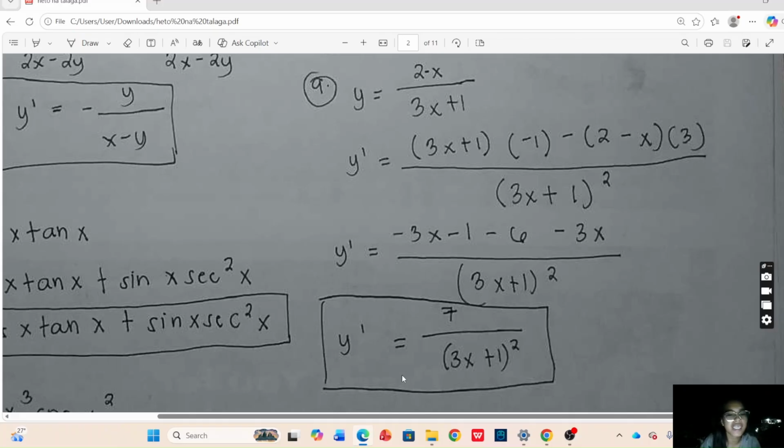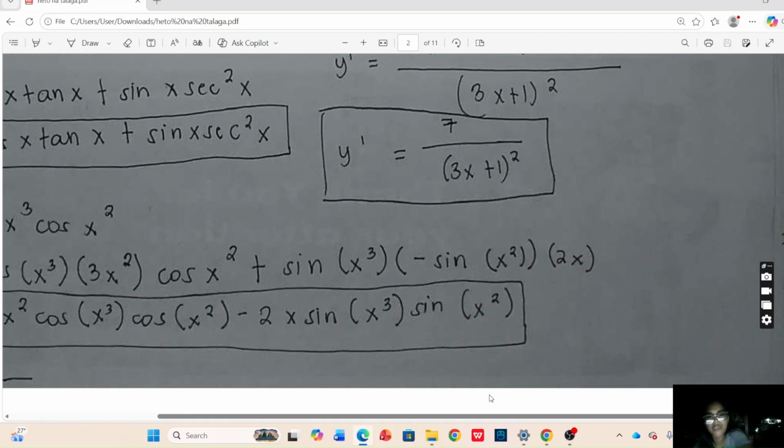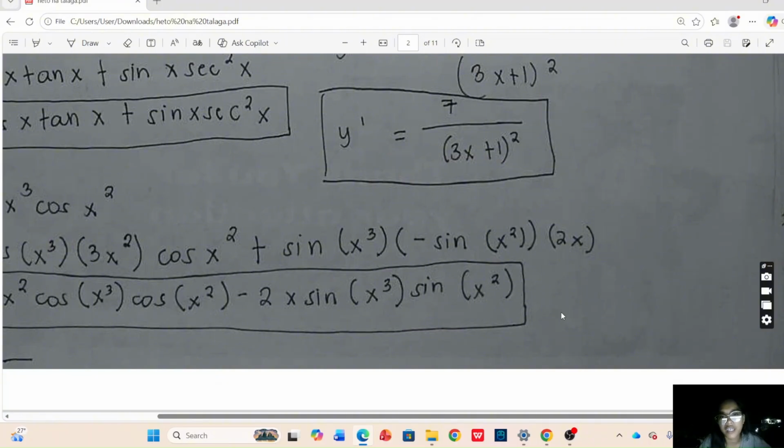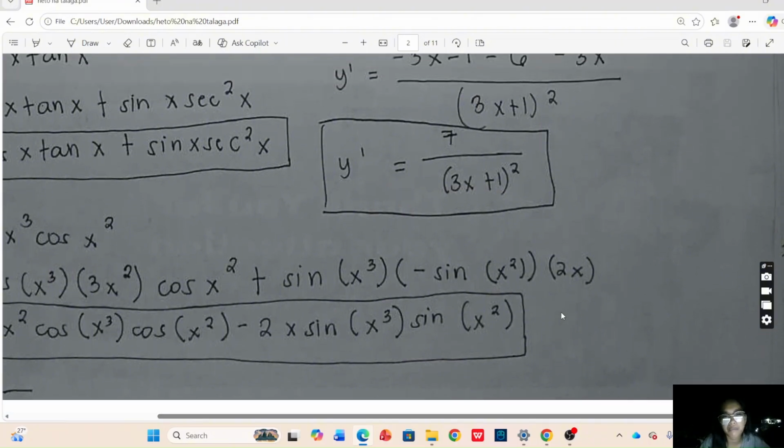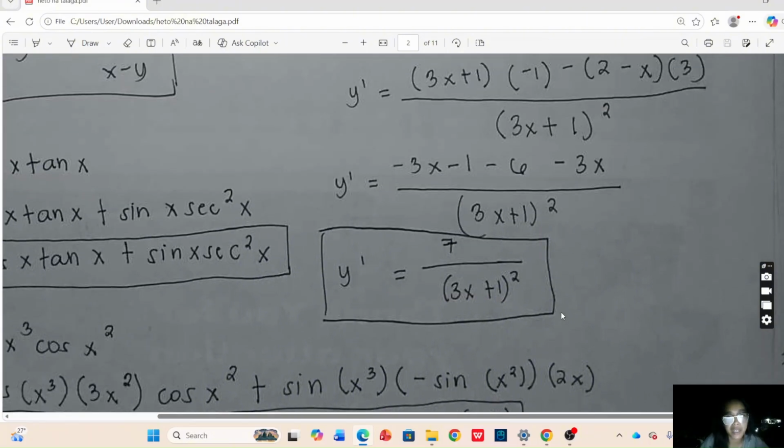After simplifying, the final derivative becomes negative 7 divided by the quantity 3x plus 1 squared. I think that's very easy since this kind of problem was encountered before, especially if you're in STEM.